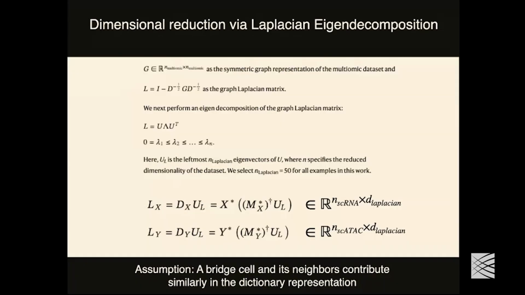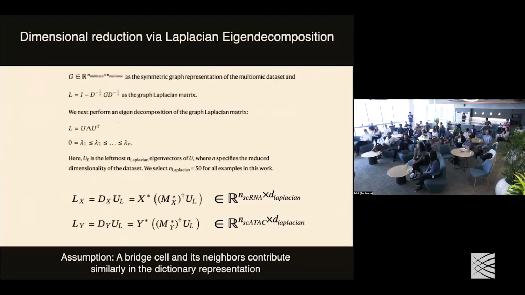I have a quick question again about the dimensionality reduction. Can you explain some intuition for why the Laplacian eigenvectors are better than, for example, principal components? Yes, it's a good question, right? As we know, PCA is mainly to explain the variance of the matrix.